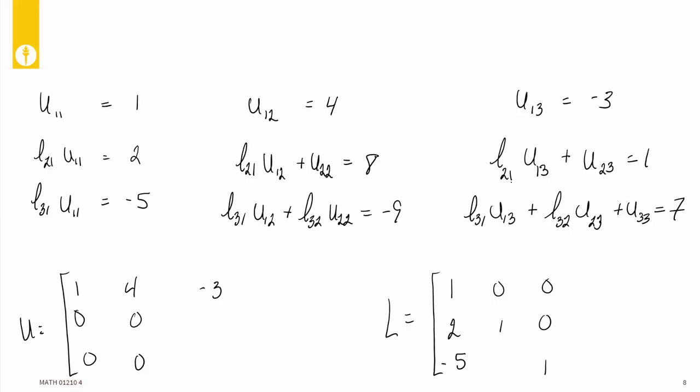You said L21 is 2. That's -6 plus U23. Which would be this here. That's 7, right? That one's 7.